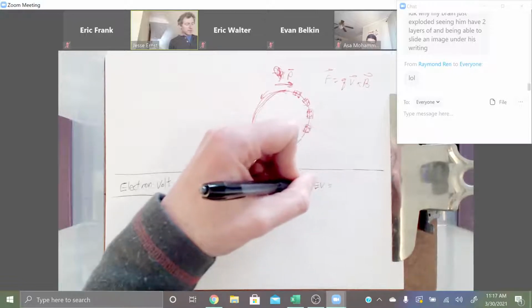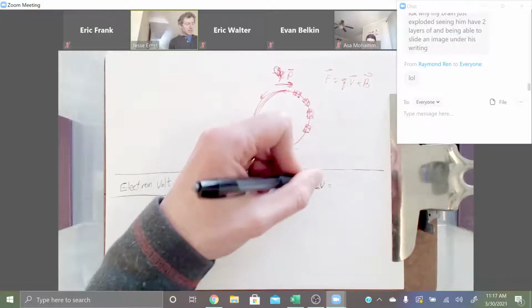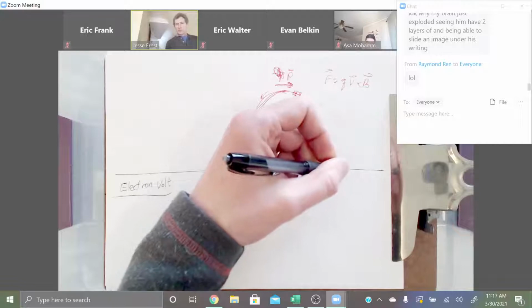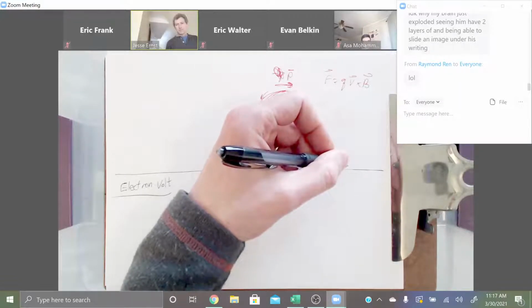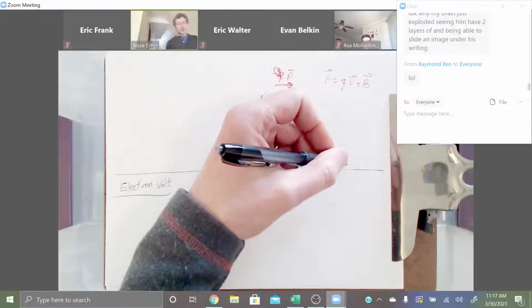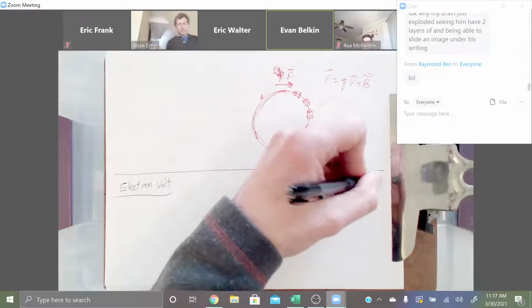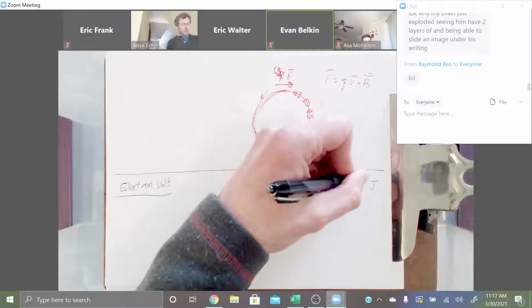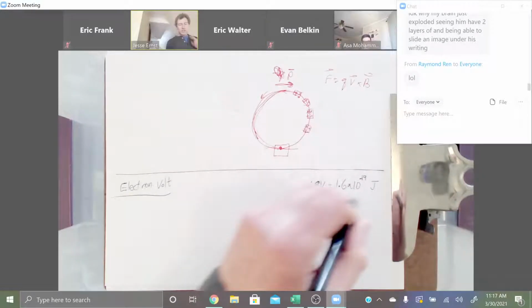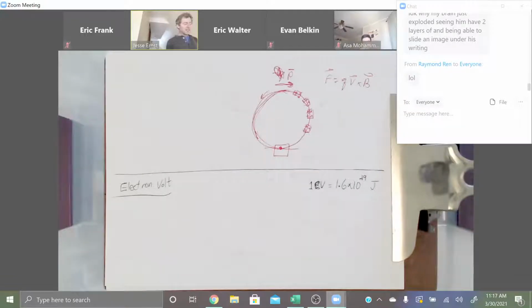Those of you in chemistry certainly know this. One electron volt is how many joules? Is it 1.6 times 10 to the negative 19 joules? Yep. One electron volt is 1.6 times 10 to the minus 19th joules.